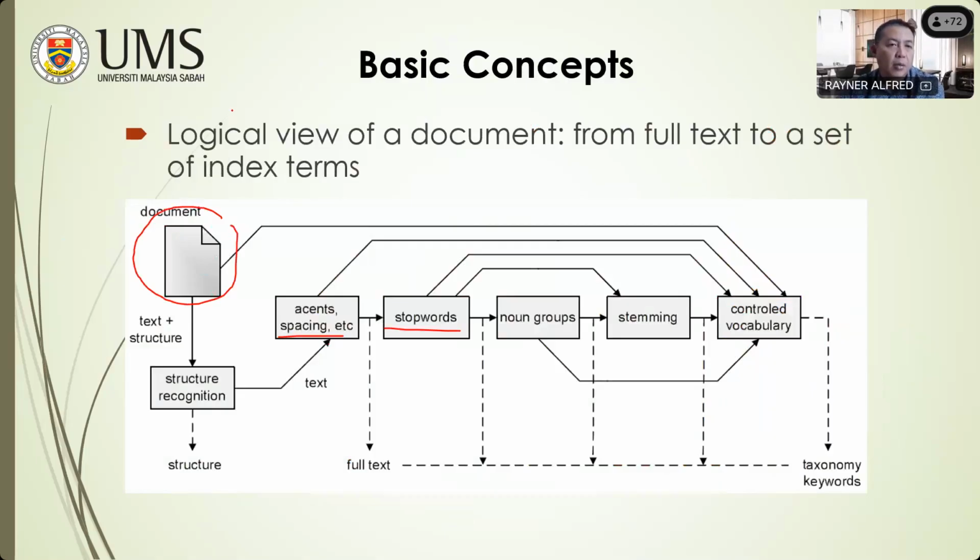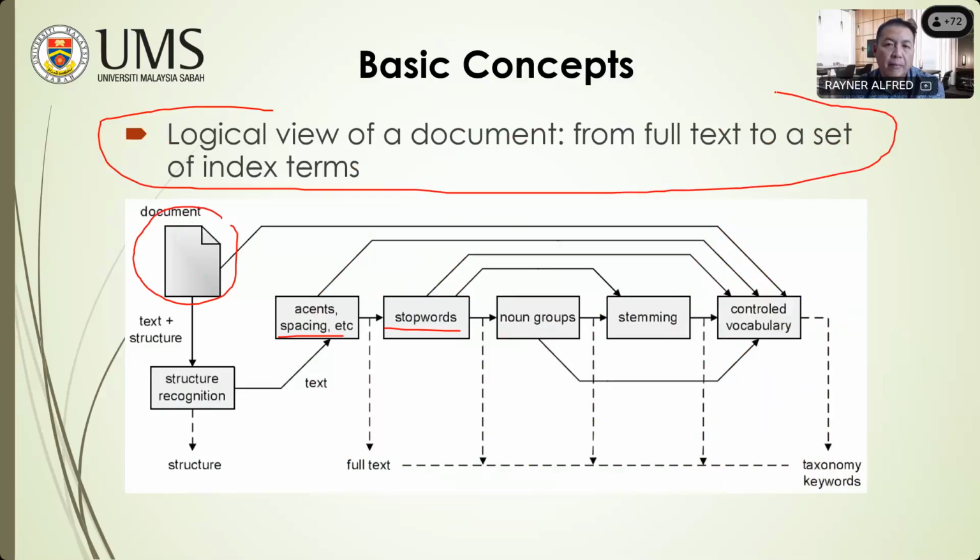For example, if we assume this one as one document, so this one carry no meaning of because they exist too many times in the document. In all of the document, you will have this of and so on. So we remove this, we remove this, we remove this, and this.